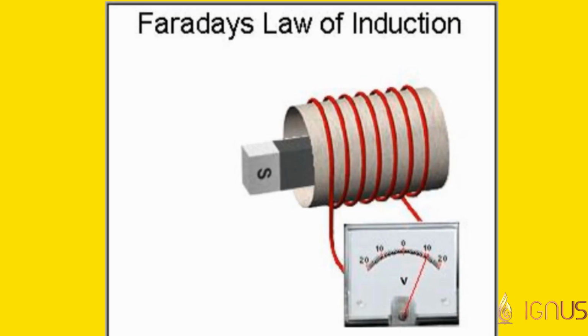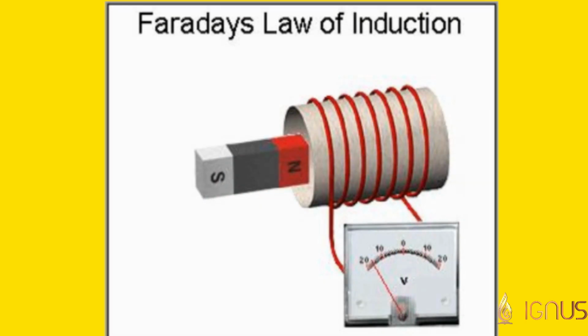Now let us imagine a situation in which a conductor is moving inside a magnetic field or a magnetic field is changing around a fixed conductor. This was first studied by English physicist Michael Faraday in 1831. Faraday conducted an experiment in which he used magnet and a coil connected to a galvanometer.